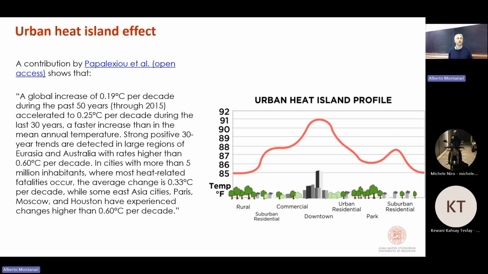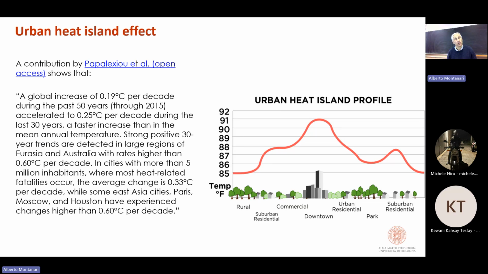He got public data, temperature observed in cities, and showed that in cities with more than 5 million inhabitants, where most heat-related fatalities occur, by the way, during summer, the average change is about 0.3 degrees per decade, which means that some of the cities have more than the mean, like 0.6 degrees per decade.